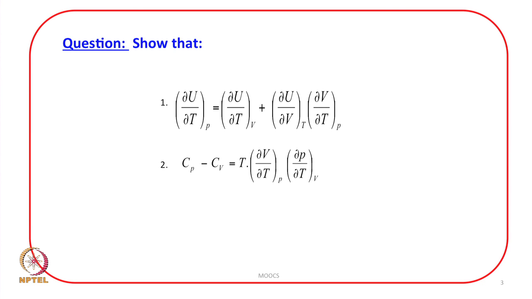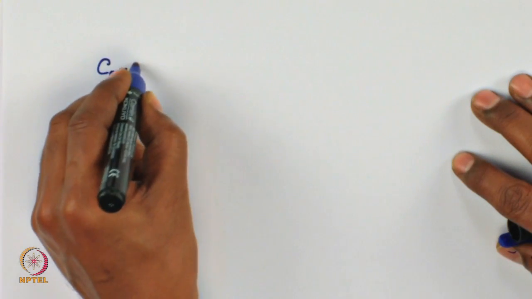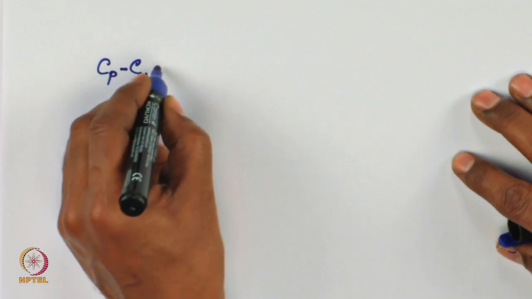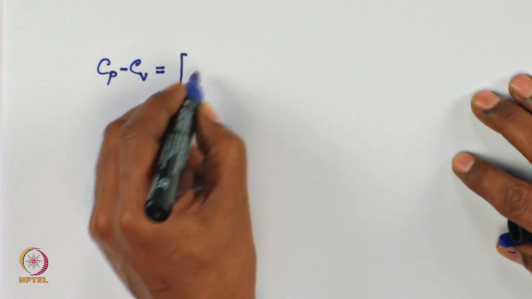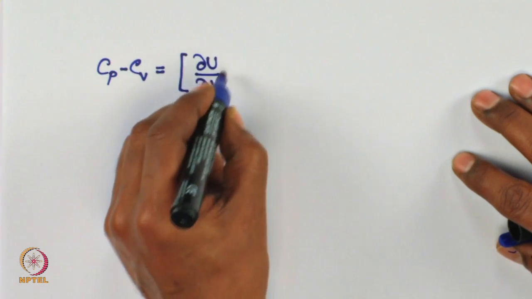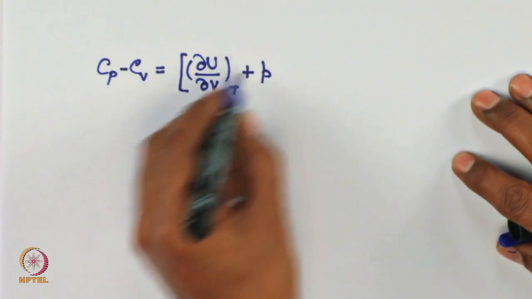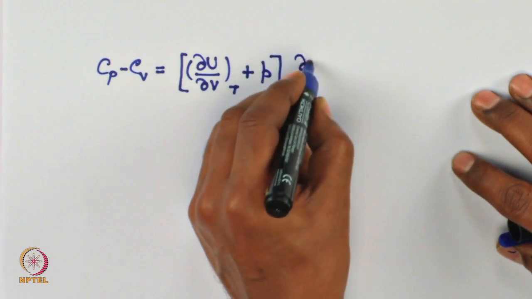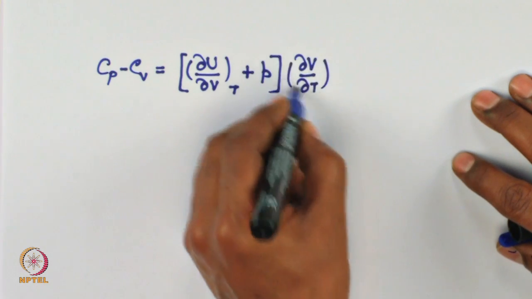What we have is Cp minus Cv is equal to the variation of internal energy with volume at constant temperature plus pressure into the variation of volume with temperature at constant pressure.